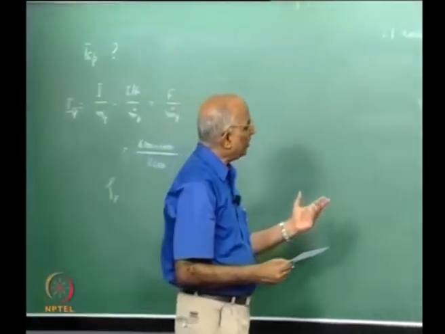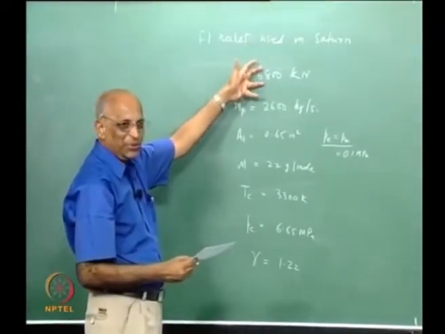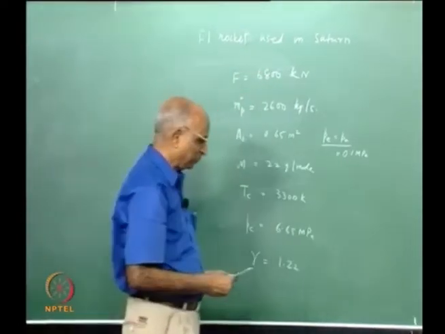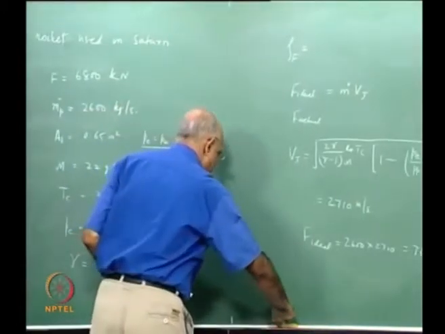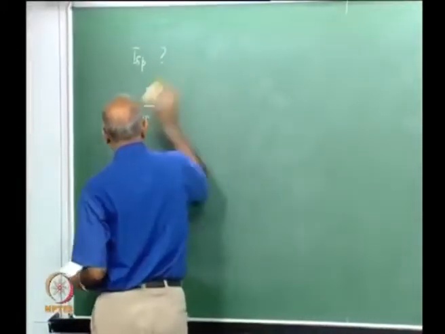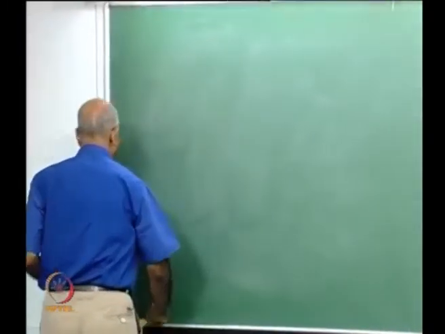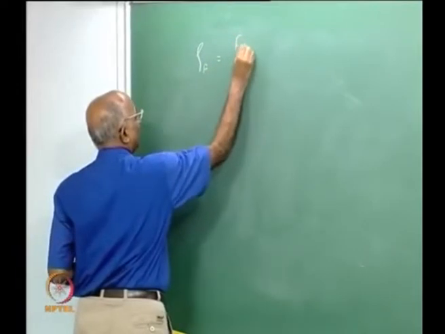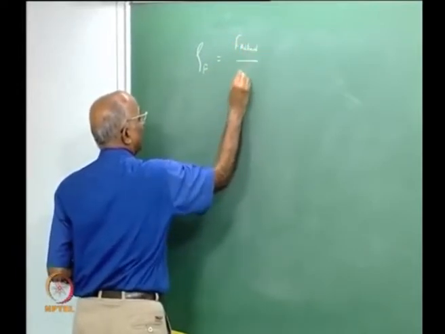What is the actual value of thrust? 6800 kilonewton. But how do I get the value of zeta f therefore? My immediate reaction, or anybody's immediate reaction, would be to say that the value of zeta f, the thrust correction factor, is equal to F actual divided by F ideal.